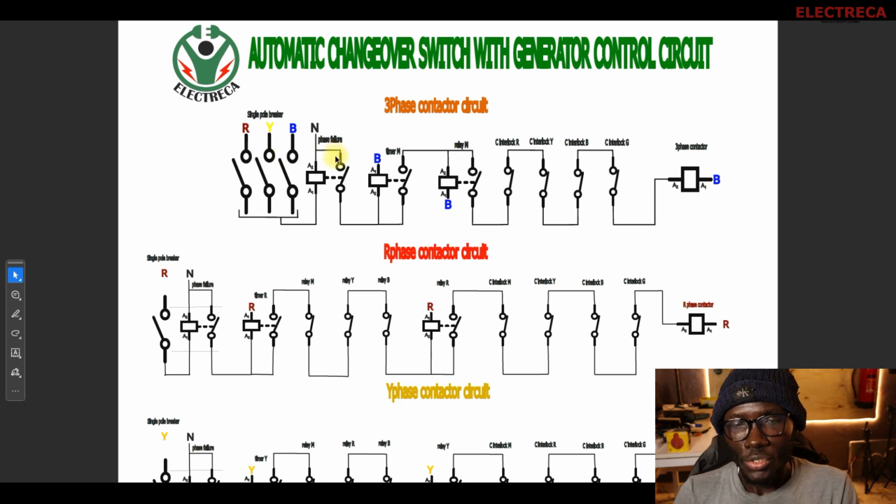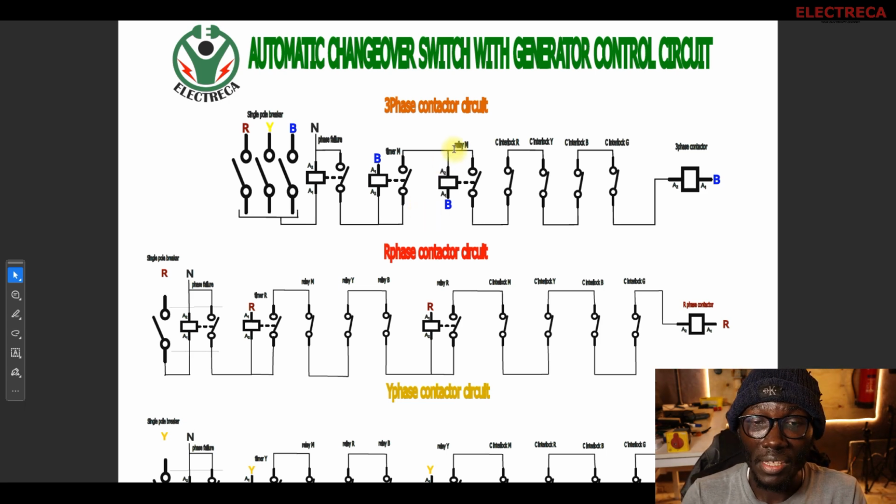All right? So, when you're wiring this circuit, the first step here, we have a phase failure for the 3-phase, which monitors those 3 phases. And then we have a timer. Then we have got the main relay. That's what I've used in this circuit. So we have a main relay. You'll see we have a main relay.